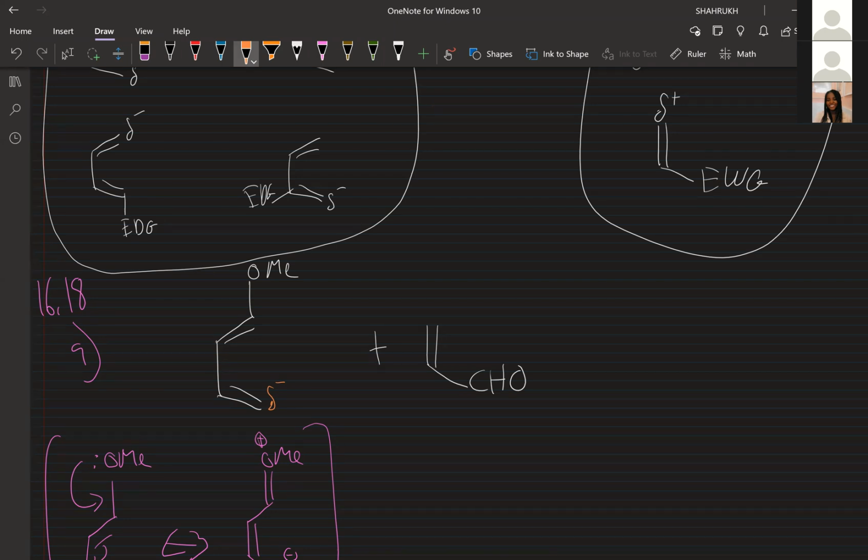Now CHO, non-abbreviated, it just looks like this. That's CHO. You should also just know the group right now. It's a simple aldehyde group. So if you see CHO, you think of an electron withdrawing group. These bonds are conjugated with each other, they're one carbon apart.